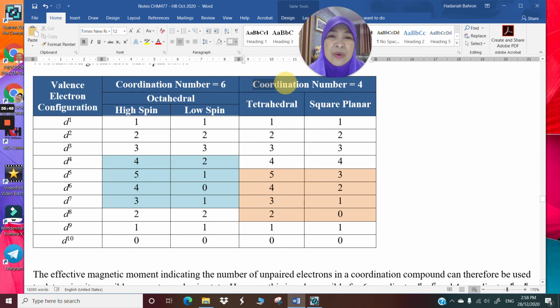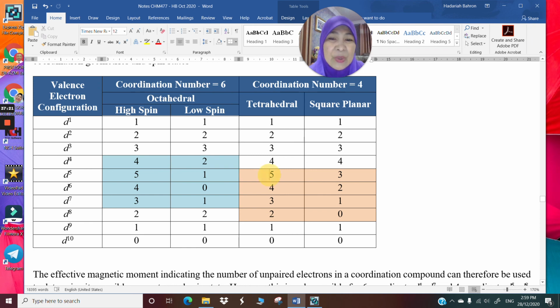For compounds with coordination number equal to 4, there are two possibilities. Either you get a tetrahedral arrangement or a square planar arrangement. Depending on the number of unpaired electrons, when you measure the magnetic susceptibility of those compounds, you can use the findings to determine whether you have a tetrahedral or square planar arrangement.